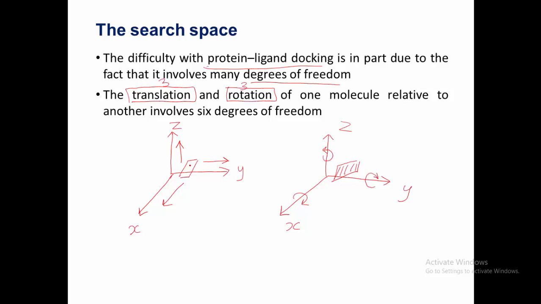You can just take it this way or up along the axis. This is what we call translation. It could be along the y-axis, x-axis or z-axis. So these are 3 degrees of freedom, and these are 3 degrees of freedom, so the total is 6 degrees of freedom.